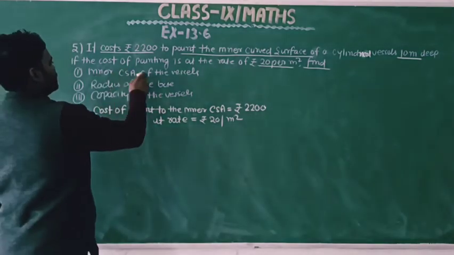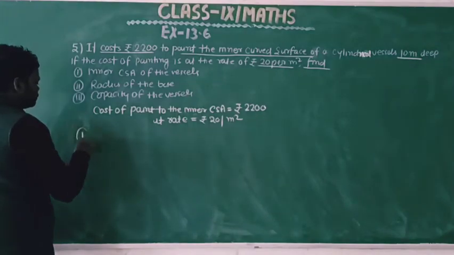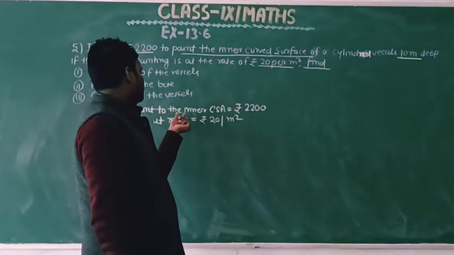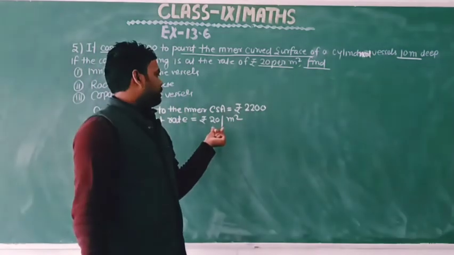Then the inner CSA of the vessel is determined by dividing the total cost by the rate per meter square.